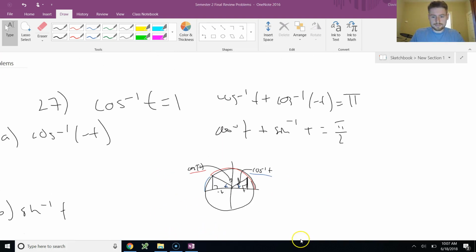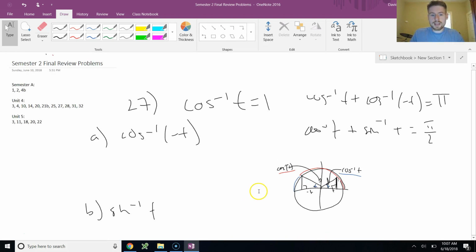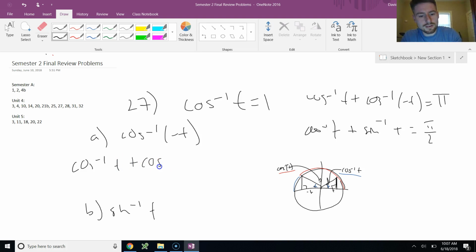Okay. So with that formula in hand, it's not too hard to find the answer to this. We have cosine inverse of t plus cosine inverse of negative t equals pi, and we know this one is equal to 1, so 1 plus cosine inverse of negative t equals pi.